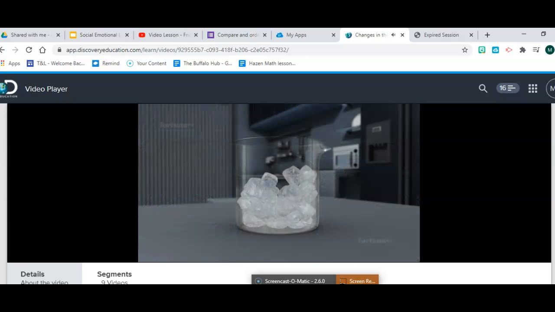Let's take a few ice cubes in a beaker and leave it aside for a few minutes. We can see water drops forming on the outside of the beaker. The vapor that is in the air gets in contact with the cold temperature of the beaker and will convert into a liquid. The conversion of gas into liquid is called condensation.